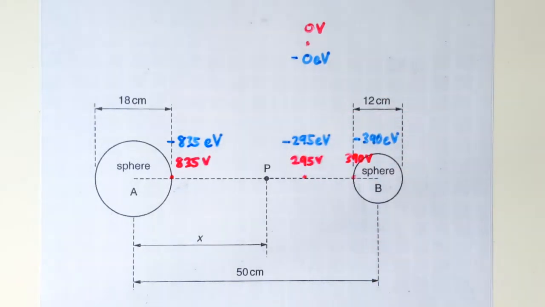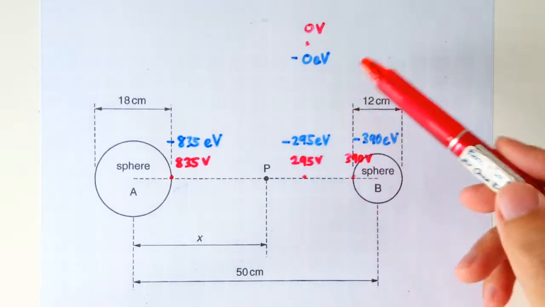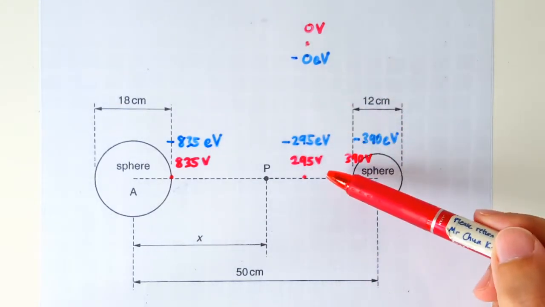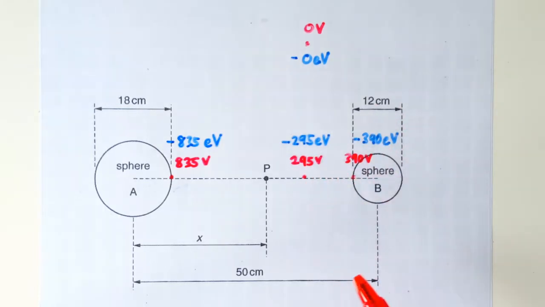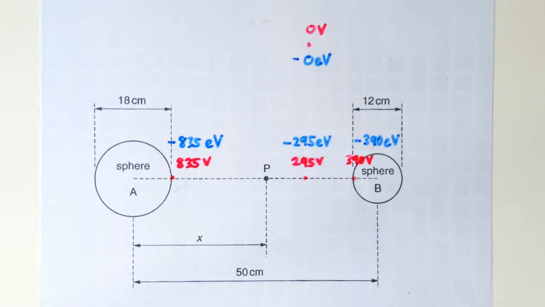Alright, so now we know, to cross the line with the minimum speed, it should cross at the point where the potential is 295 volt.